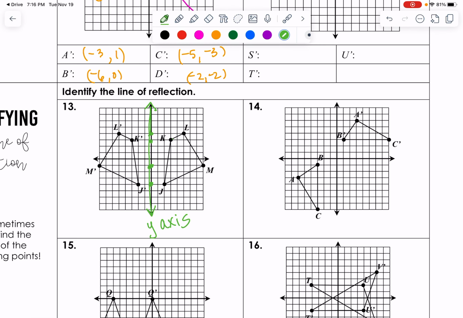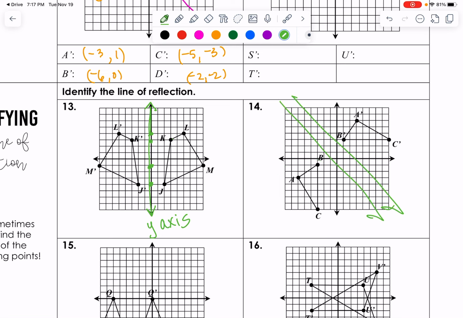Now let's look at this one. Remember that we're mirroring this. So this is where we started, and we put a mirror someplace to get that there. So obviously, it's a line that goes like this somehow.